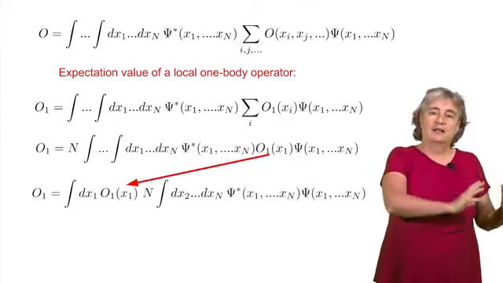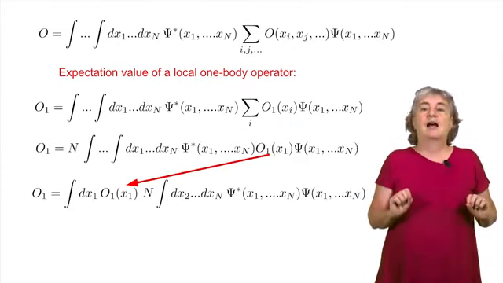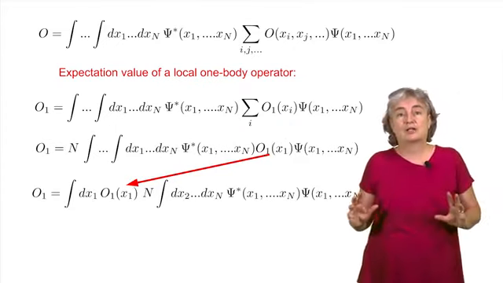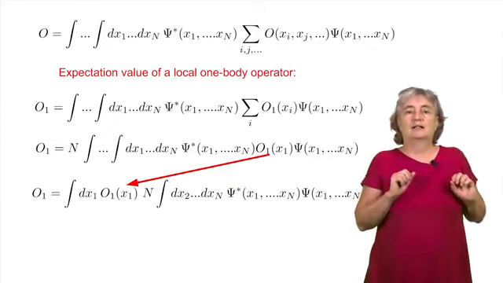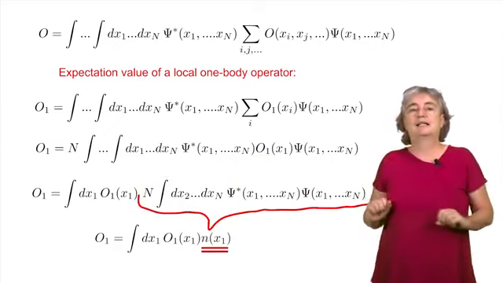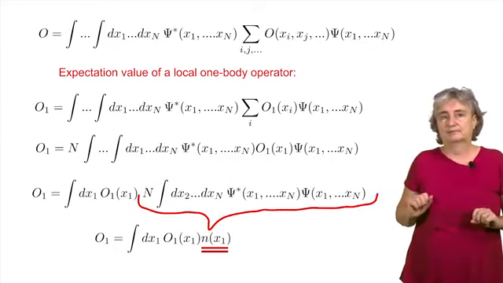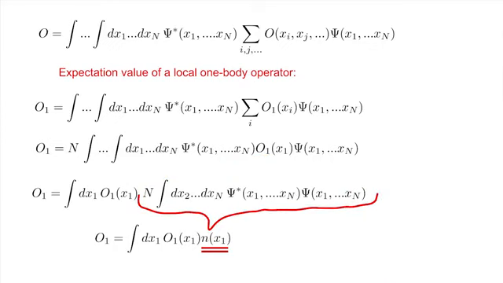Then we can rearrange a bit this integral, and we are left with an expression that contains the one-body operator and the one-body density, n, appears. So you see, we need only the density to calculate the expectation value of a local one-body operator.